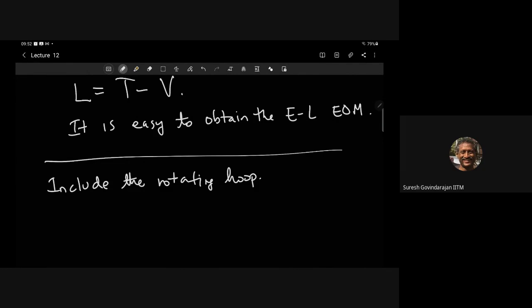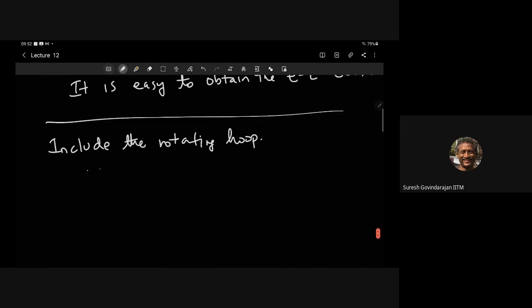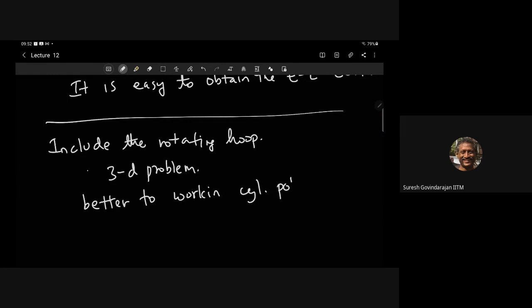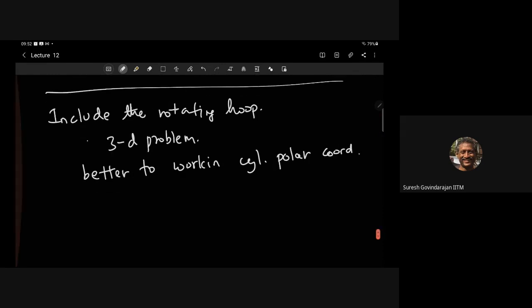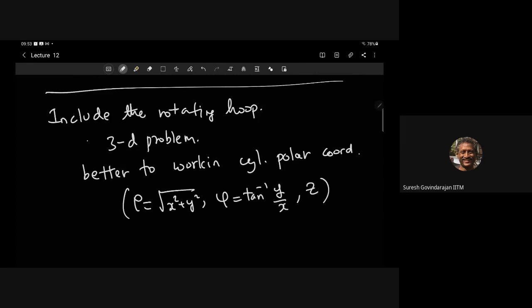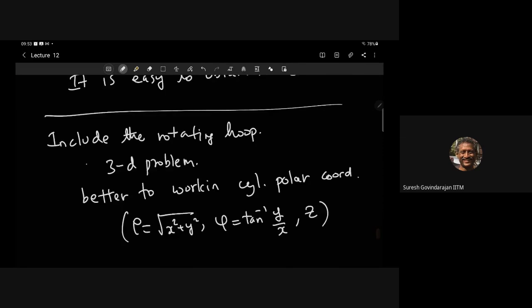Now it will be a 3-dimensional problem, but it's better to work in cylindrical polar coordinates, which is rho, the square root of x square plus y square, and phi, which is tan inverse of y over x. So the holonomic constraint is very simple.